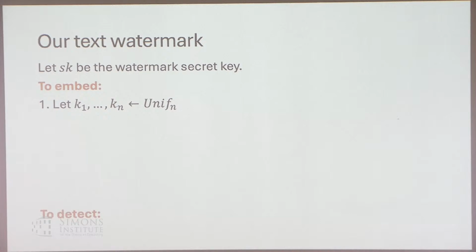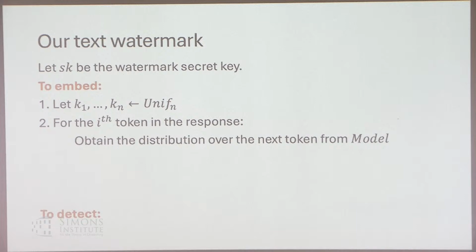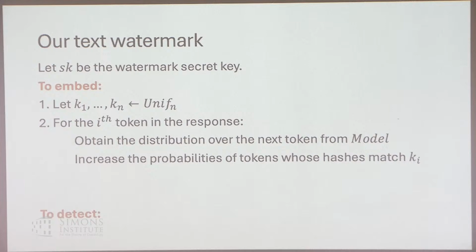For each token, it has some random bit k_i. And so for the ith token in the response, it can first compute the probability distribution over the next token. And now it can look at its random bit k_i and increase the probabilities of the tokens that hash to this bit, and now sample from this modified distribution.